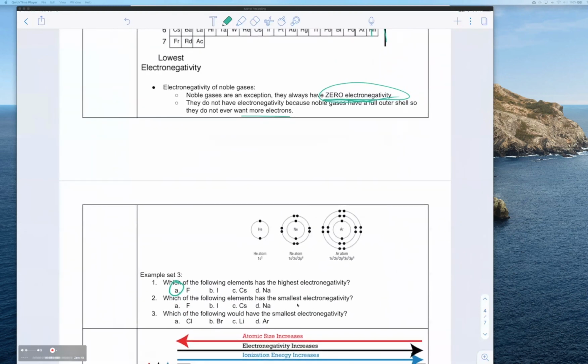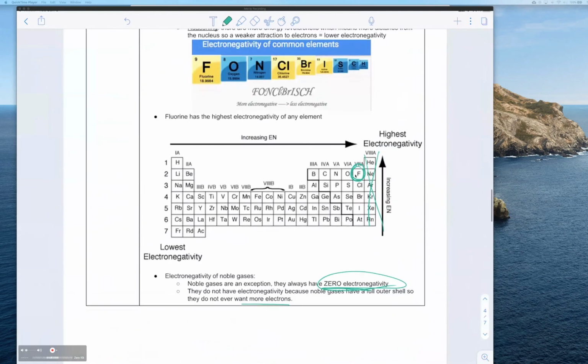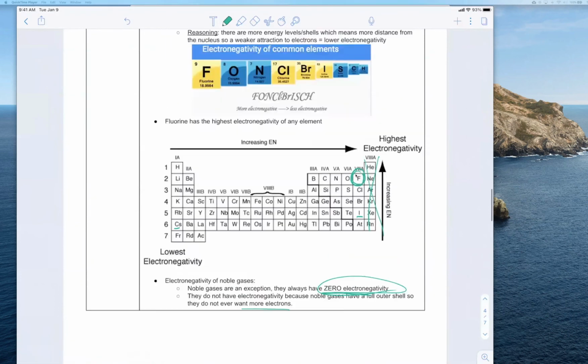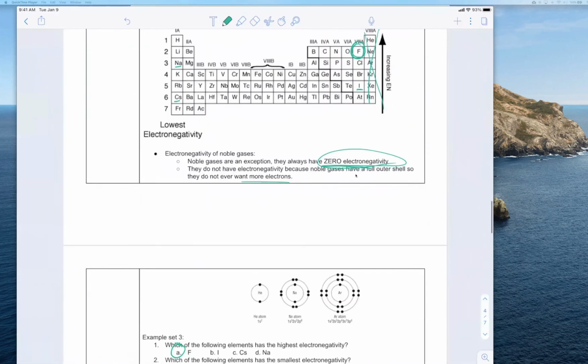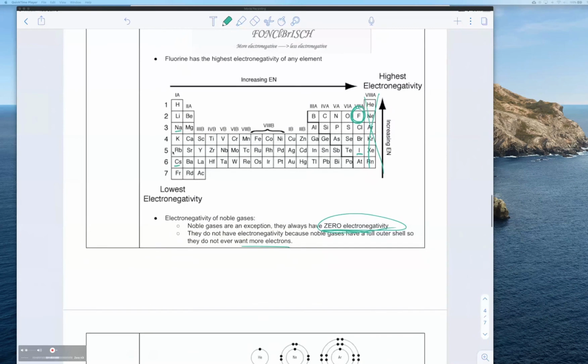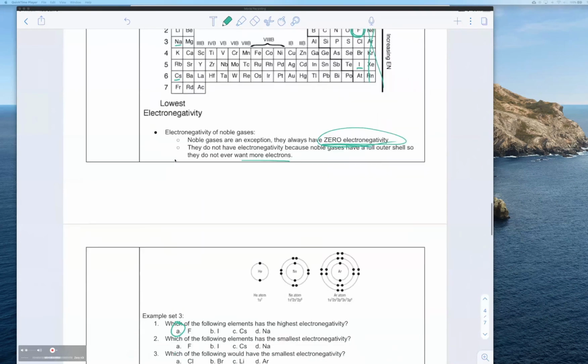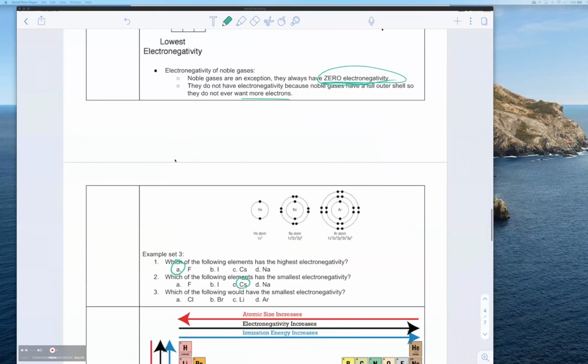And then which of these would have the smallest electronegativity? So we have fluorine, iodine, cesium, and sodium. So you can see cesium is closest to that bottom left-hand corner. So cesium would have the smallest electronegativity.